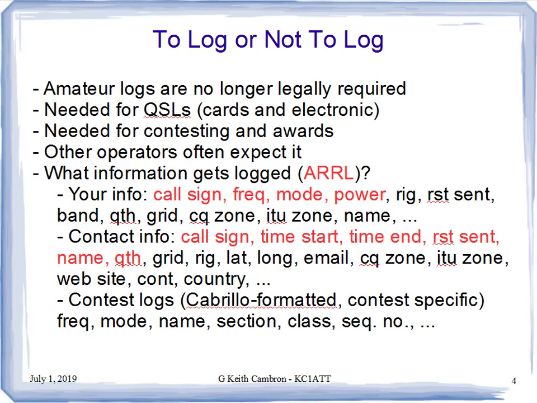The contact information, that is the information of the other operator that you've had the QSO with, should include call sign, the time of start and the time of end, the signal strength report, the name of the other operator, and their location, called a QTH.